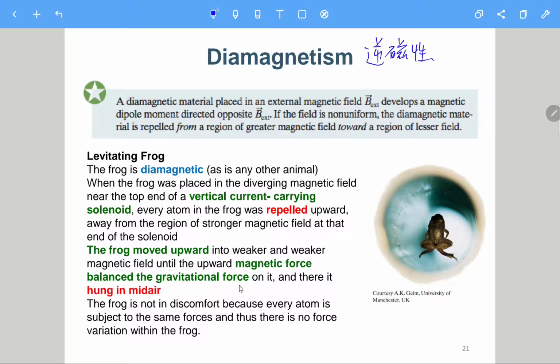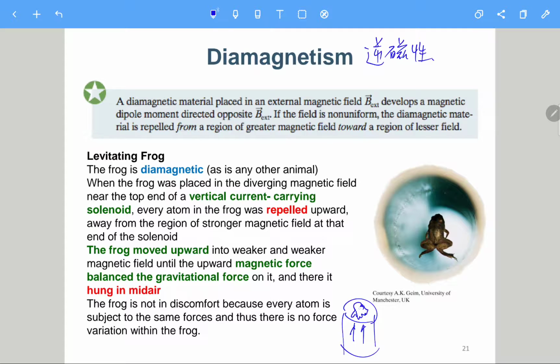Actually this photo is seen from top to bottom. It is like we have a solenoid like this, and then the frog is placed here. I don't know how to draw it, but actually it's floating because the solenoid generates a B field, say pointing upward.